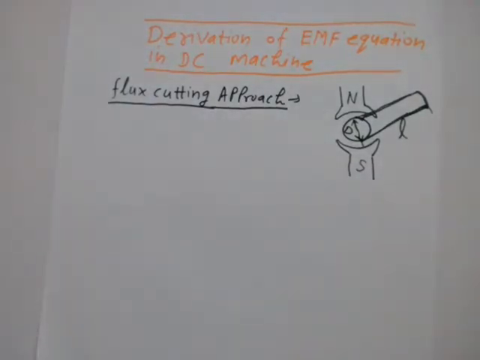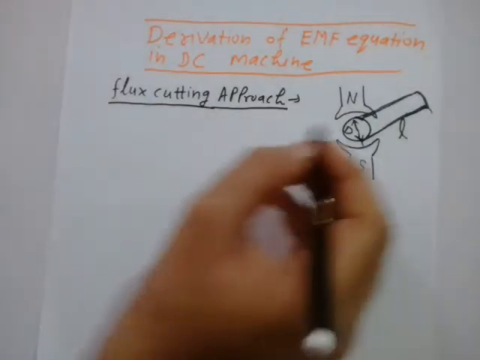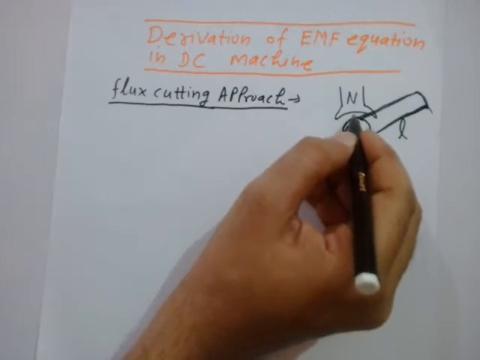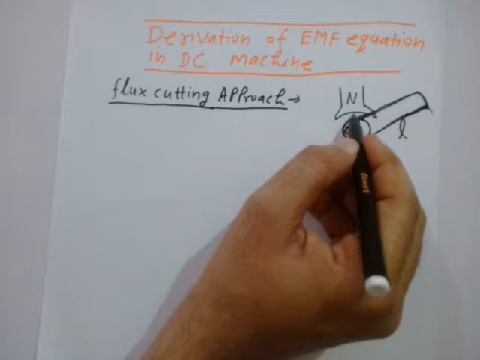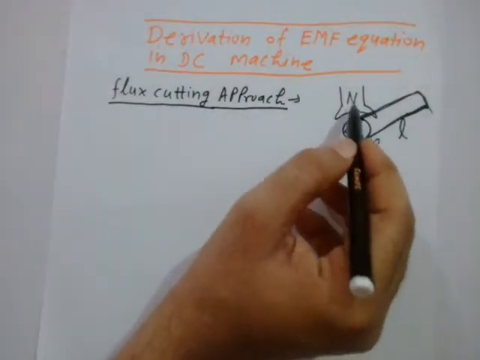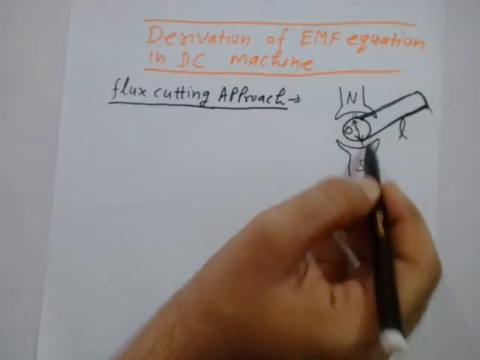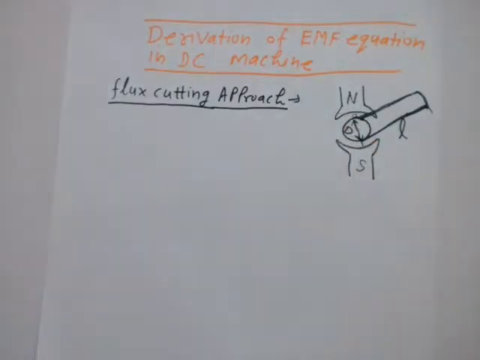So have a look at it. Magnitude of induced EMF: I have already explained in the operating principle of DC generator that this is a particular rotor conductor, a rotating conductor which is placed in a stationary magnetic field, right?